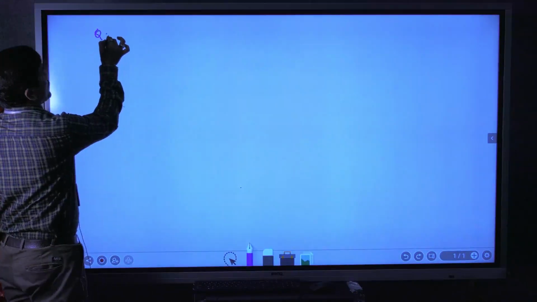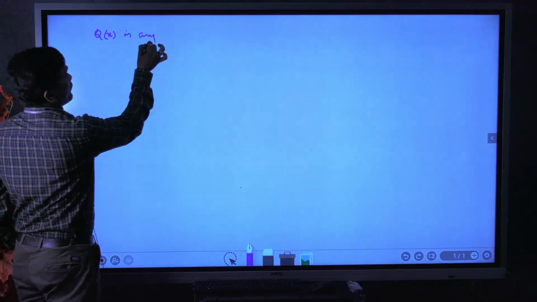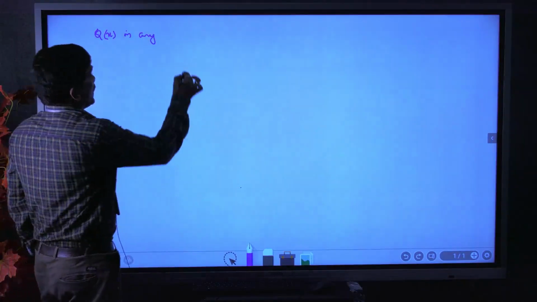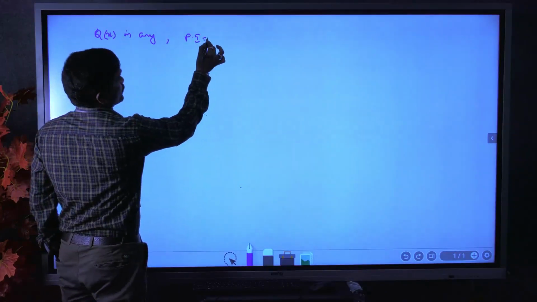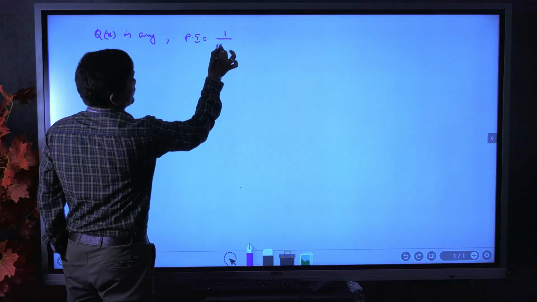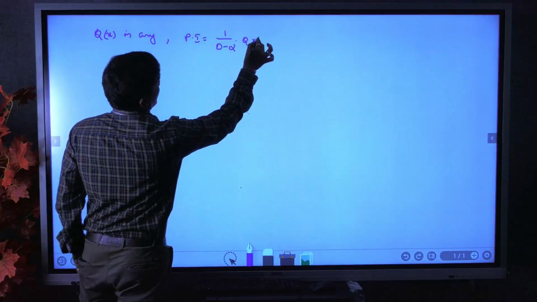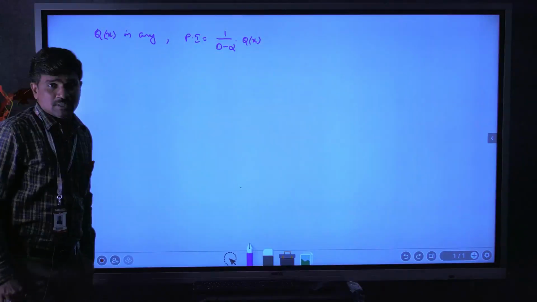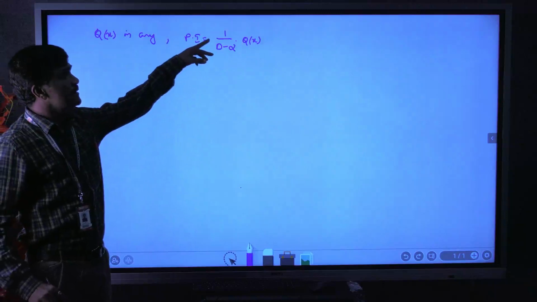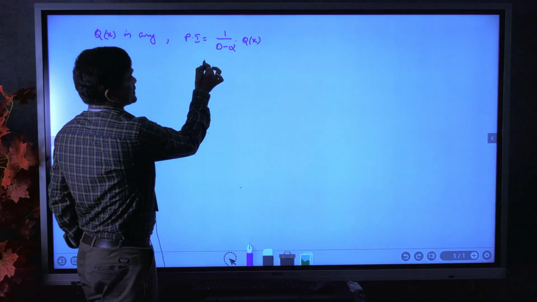suppose Q of x is any function of x, then the particular integral is 1 by D minus alpha into Q of x.